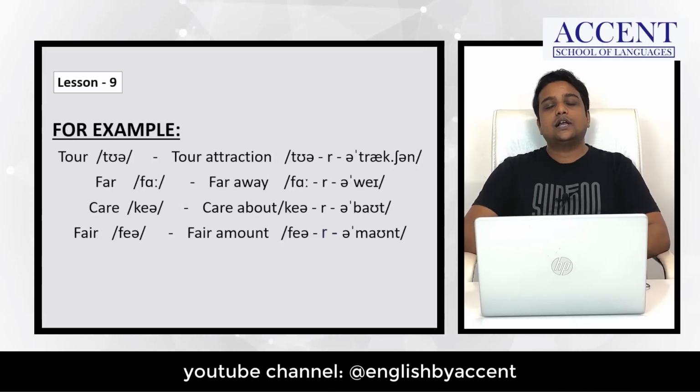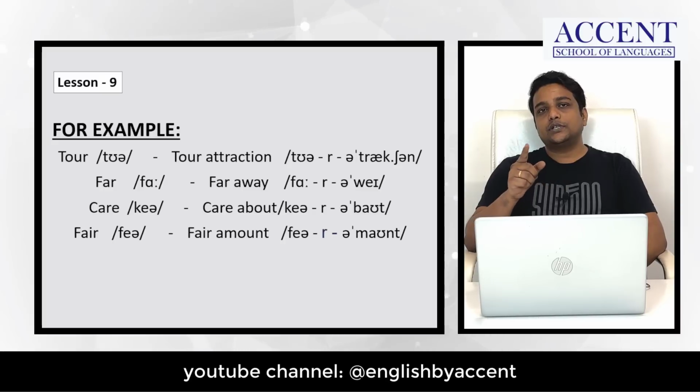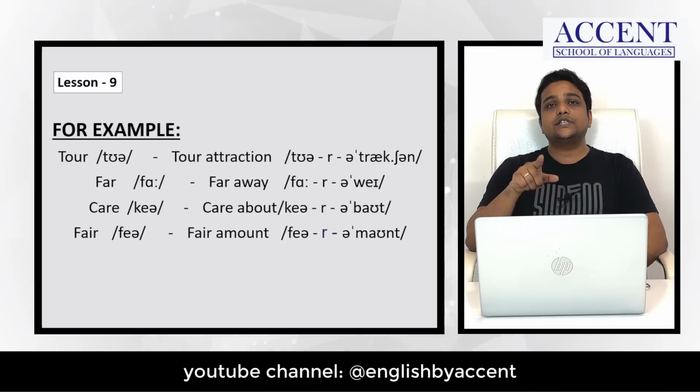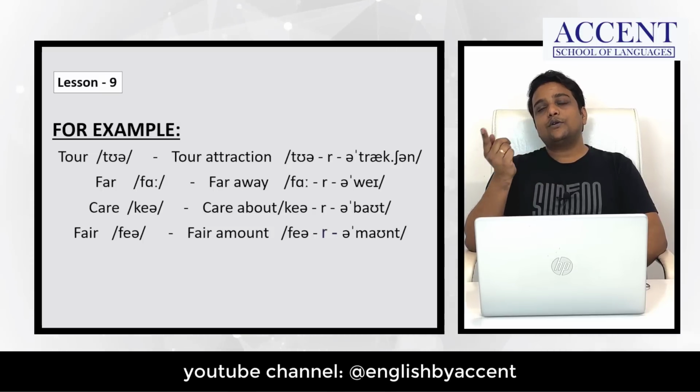For example, how do you pronounce the word T-O-U-R? So according to British accent, we have to just call it tour. That's good. But if after tour there is any word that starts with a vowel sound, not the letters, sound I'm talking about, we need to add R sound into the vowel one and we have to speak it out.